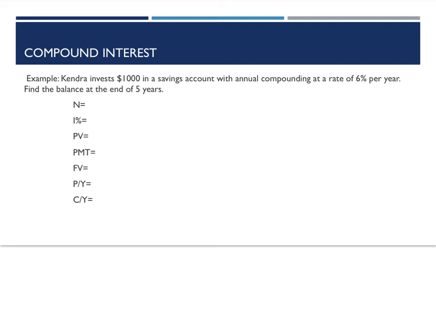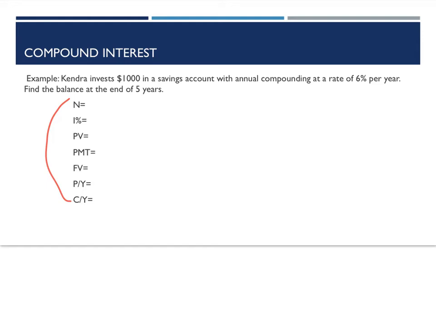So I will give you the answers to each of these, so when you go back and refer to your sheet, you can make sure you've gotten the correct answer. But we're going to do that separately. We're going to talk about, can you fill this out? Because if you can't fill this out correctly, it doesn't matter what buttons you push. It's not going to give you the right answer.